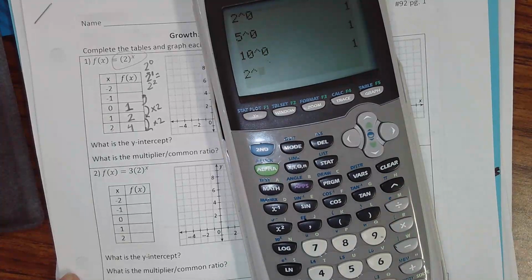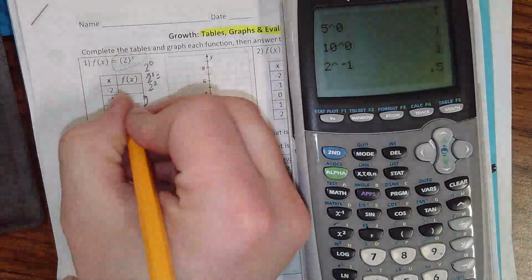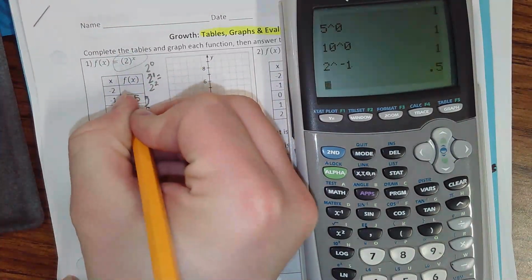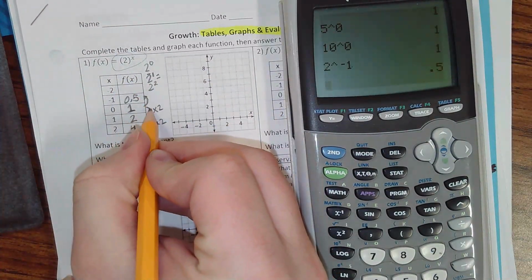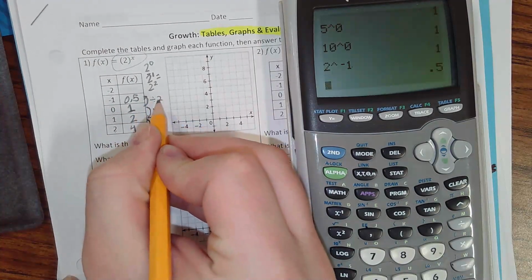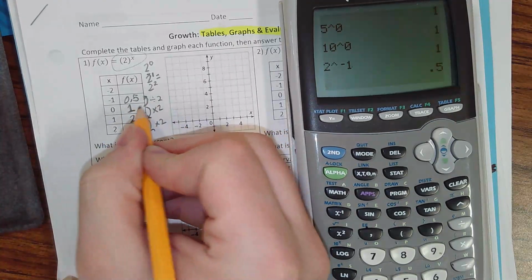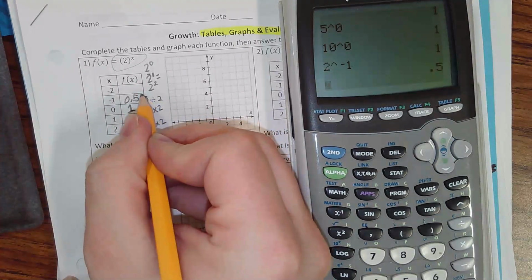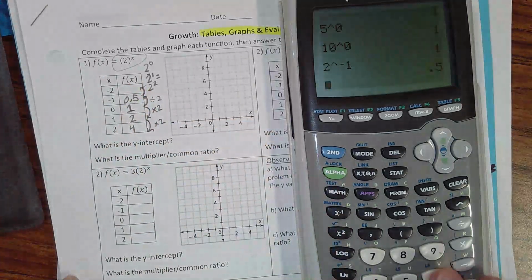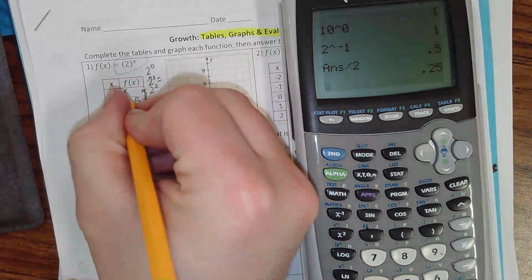2 to the negative first power. We get 0.5. Why? What's the opposite of multiply by 2? Right? Working backwards, we have to divide by 2, giving us 1 divided by 2 is 0.5. Now, if we divide that in half again, we'll get 0.25.